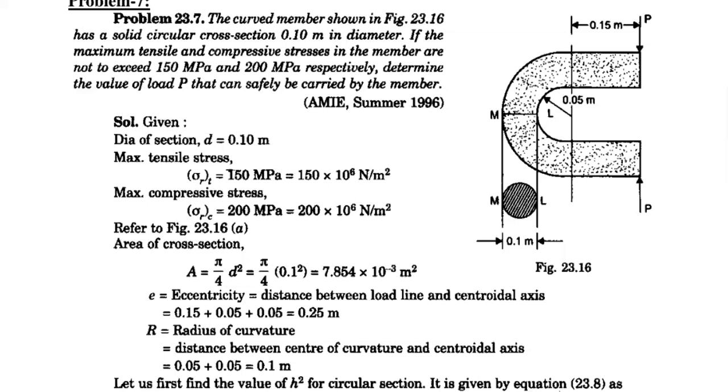Already we solved the problems in circular section. So please verify your h square formula in circular section. Please remember the formula for the h square value. So here it is, h square.